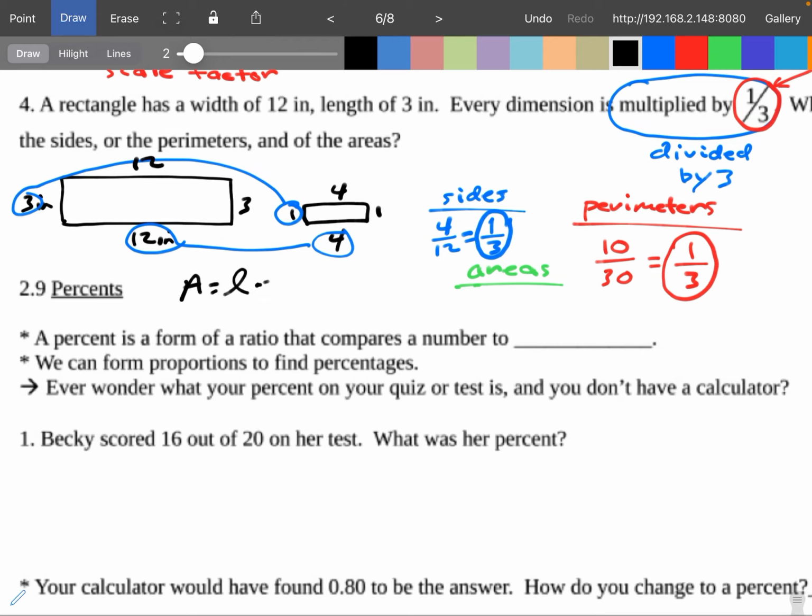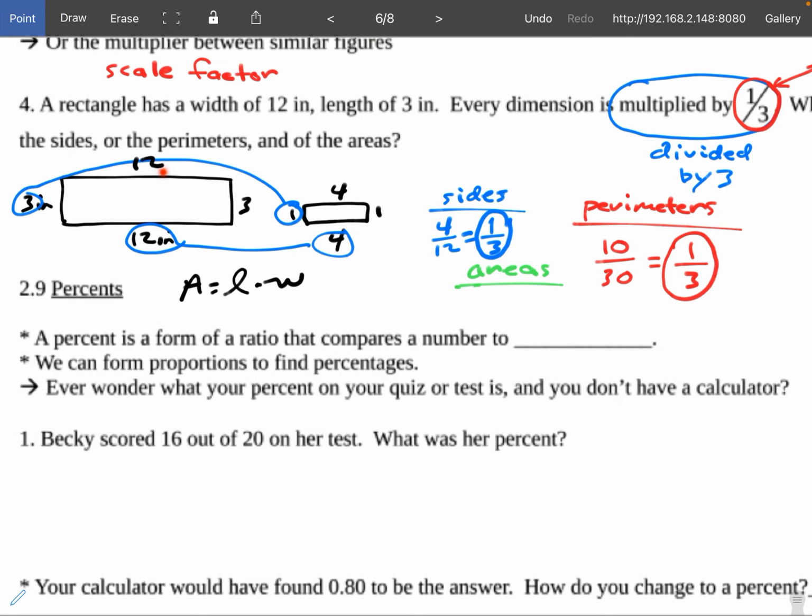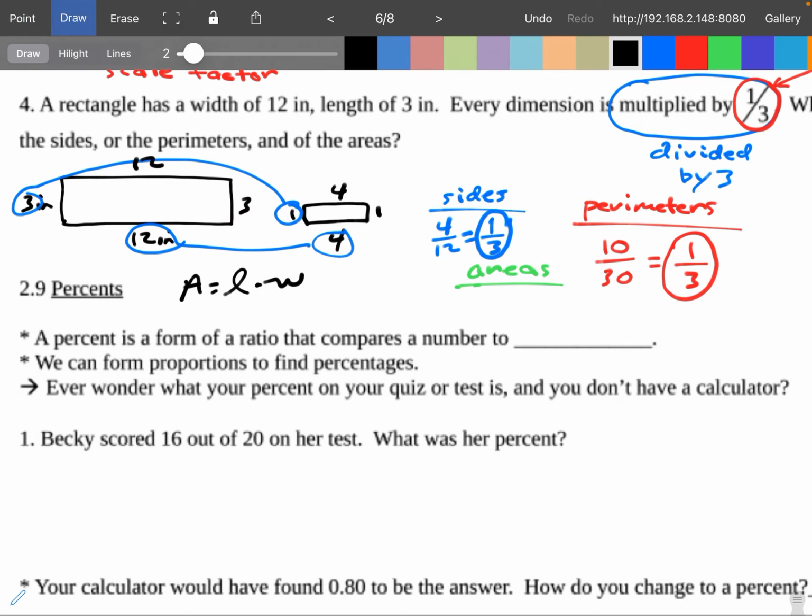Now what about the areas? How do you do the area of a rectangle? Based on height or length times width. Yep. So for a rectangle, the area is equal to the length times the width. So on this one, we just got to do 12 times 3, right? 36. Yep. So our area would be 12 times 3 is 36.